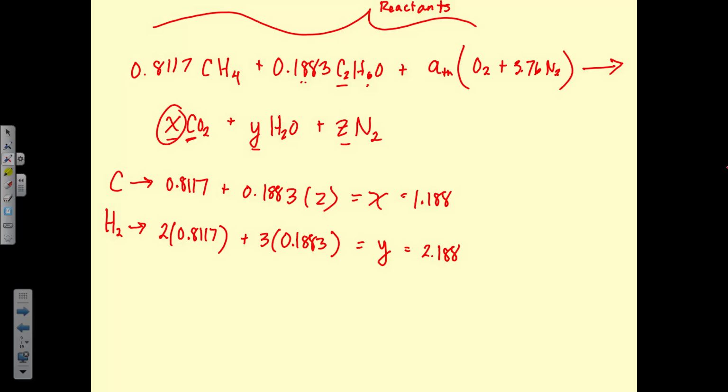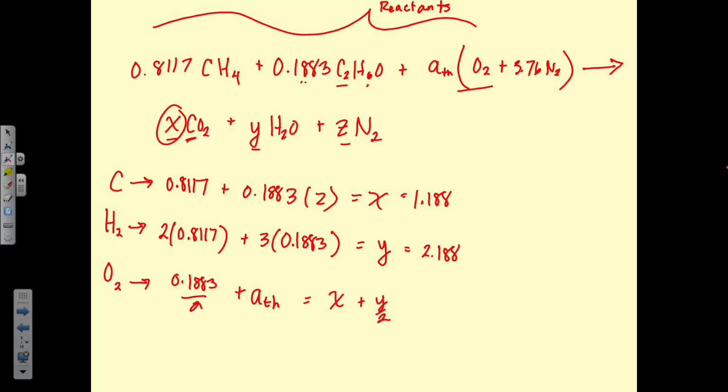Okay, so now we can look at oxygen. We can look at it as an O or an O2, however we want to do it. In this case, we can say it's 0.1883 over 2 plus this theoretical amount of oxygen here is equal to x plus y over 2.